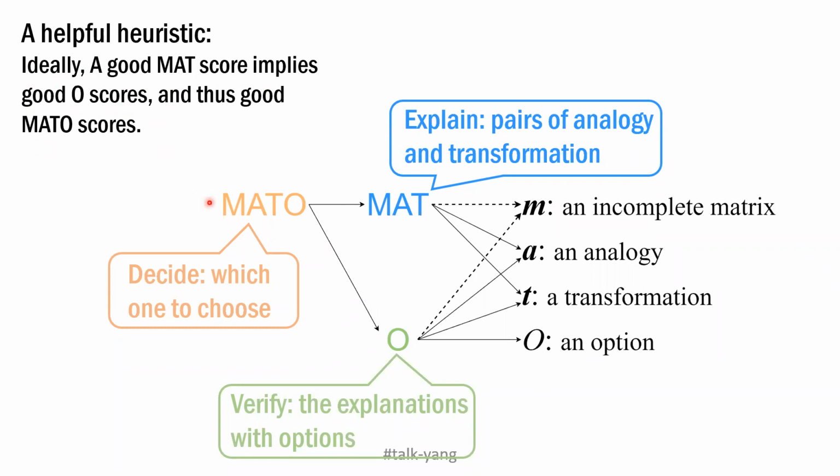This heuristic is actually, imagine that if a human test taker has a perfect explanation of what's going on in the matrix, this taker will just use that explanation to select the option without considering any other possibilities. So this is actually what this heuristic is saying.